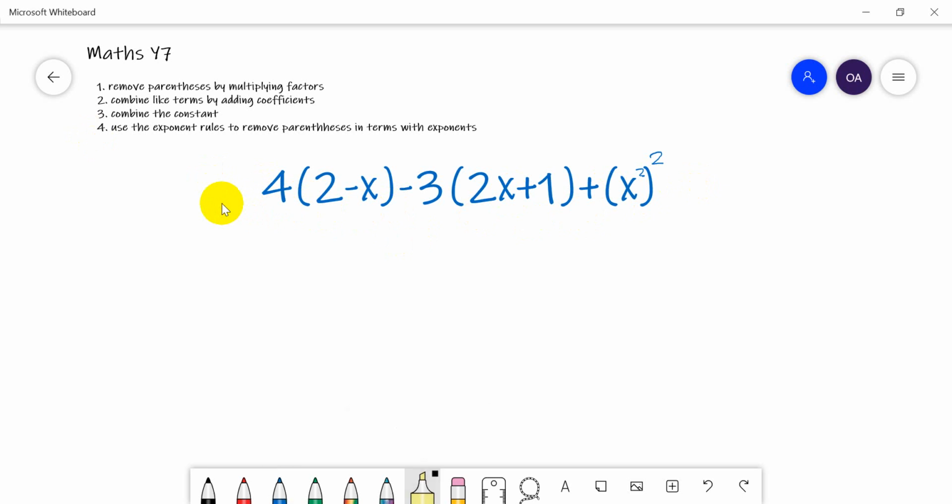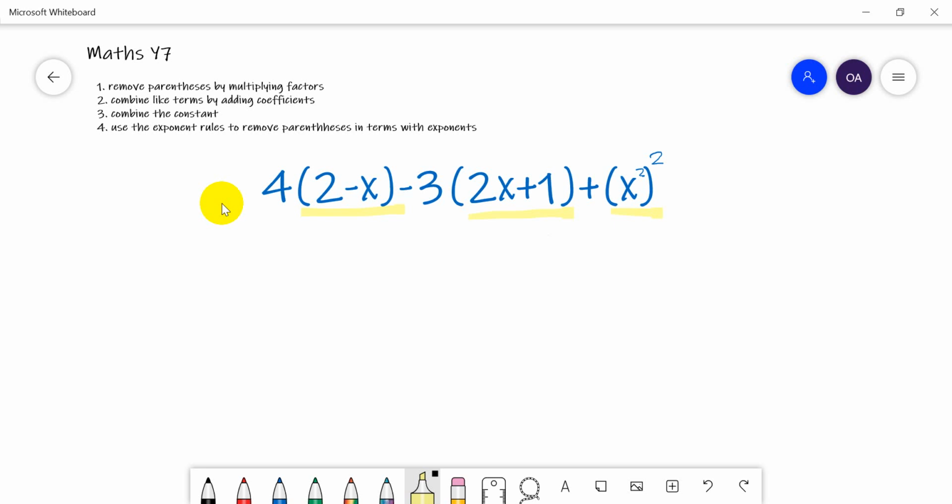For this case, there are three sets of parentheses. This bracket is also called parenthesis. Usually we call it bracket, this time we call it parenthesis. I hope that won't make you confused, because those are only the terms that we use to call this form.